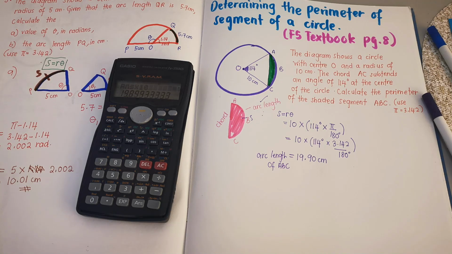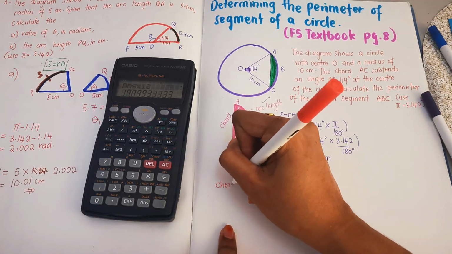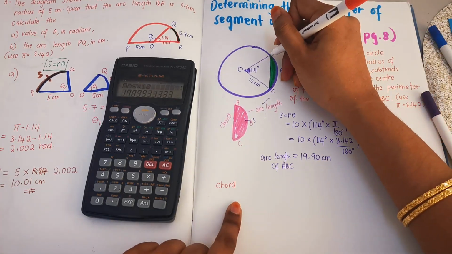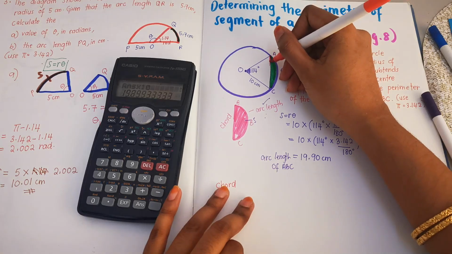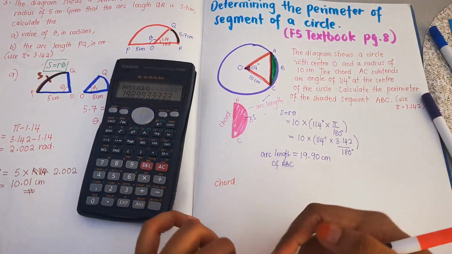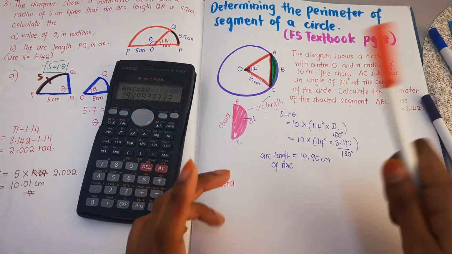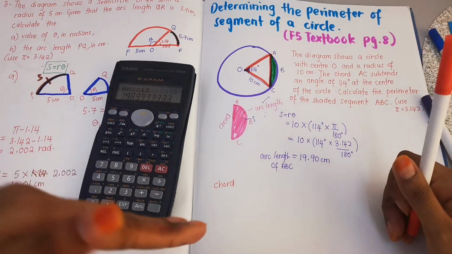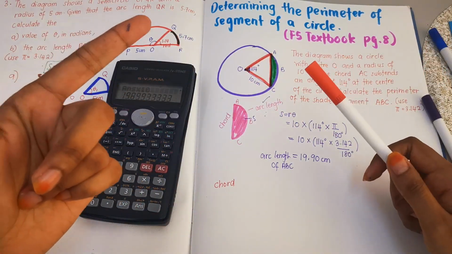In order to find the chord, I will show you two ways, because if you realize, this part, let me highlight this, is a triangle. So in Form 4 Chapter 9, solution of triangles, we learn how to find the length using sine rule and cosine rule.